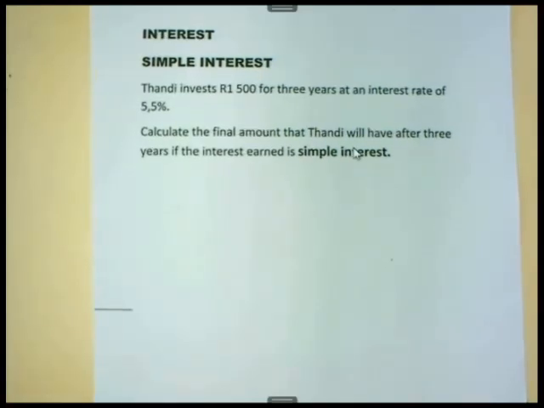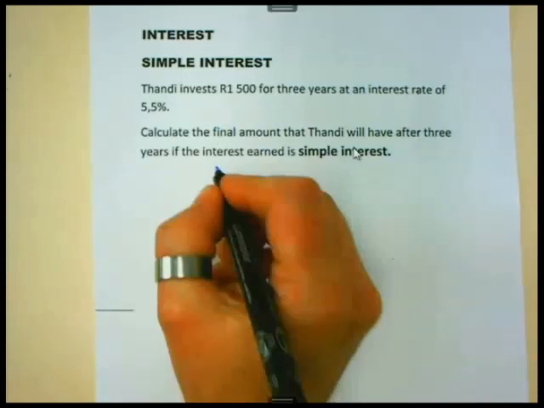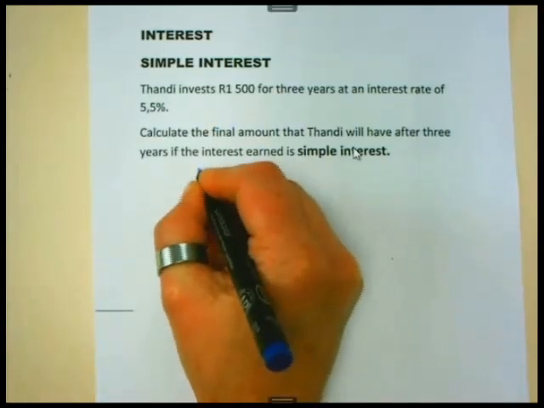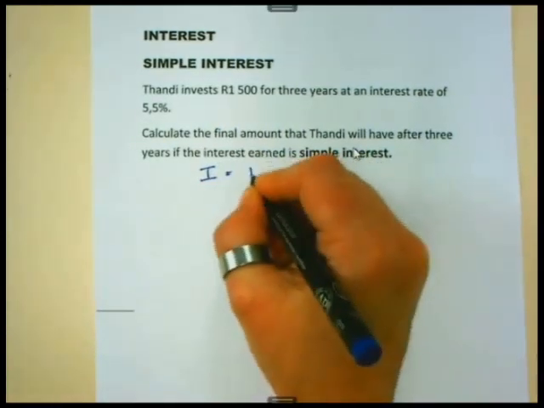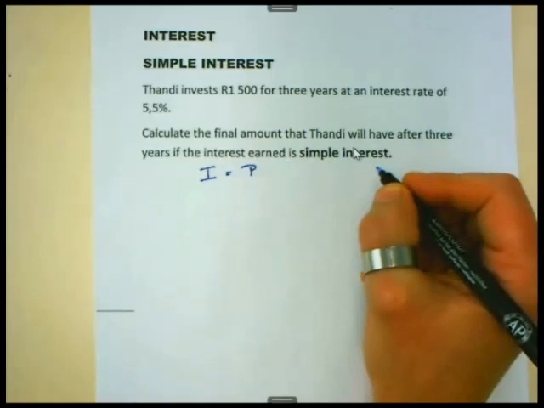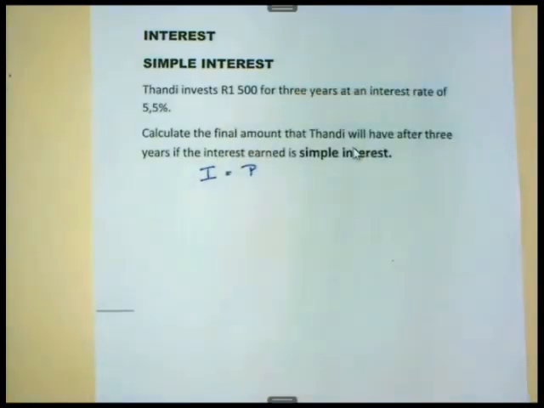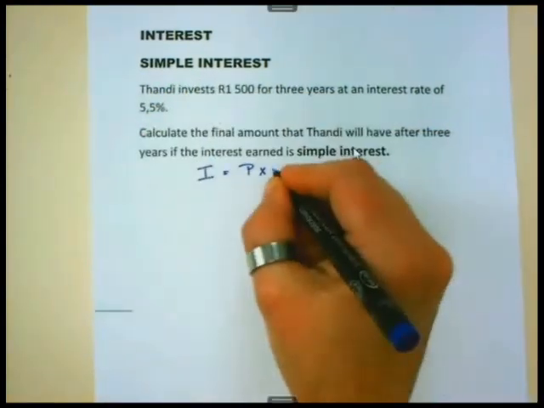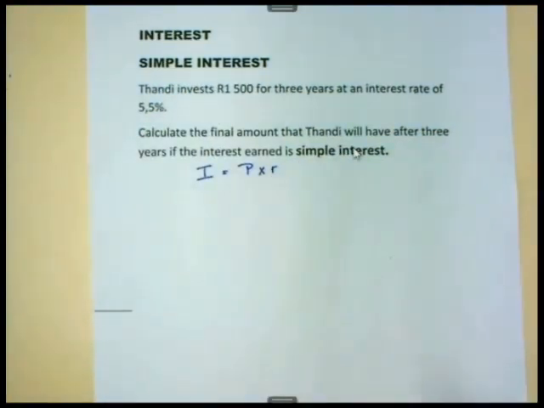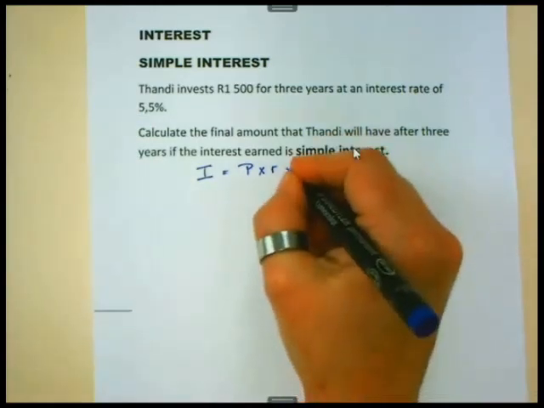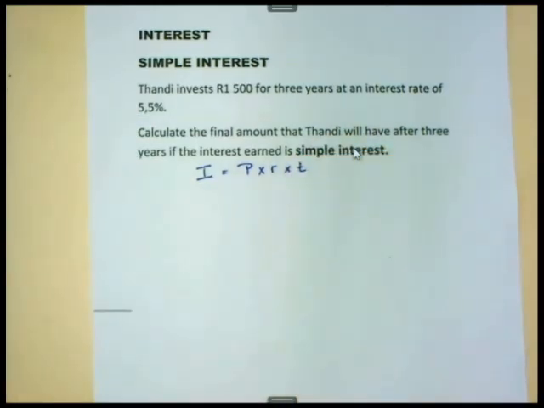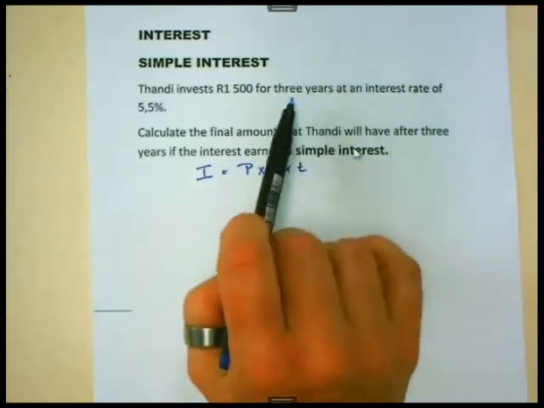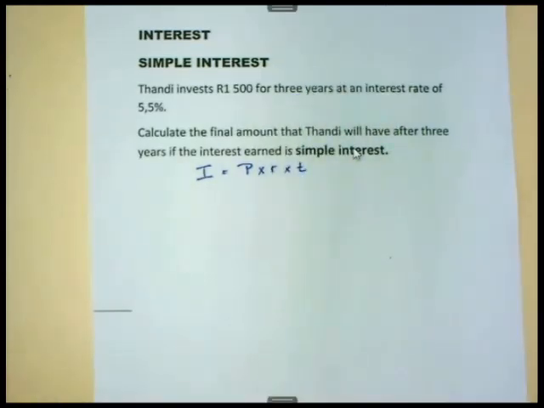If we are calculating simple interest, we can make use of the formula: interest is equal to the principal amount, which is 1,500 Rand, times the rate, that is the interest rate of 5.5%, times the time period in years, which is in this case 3 years.